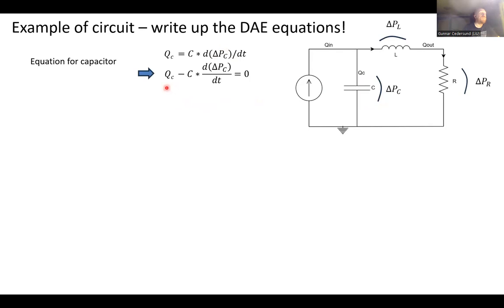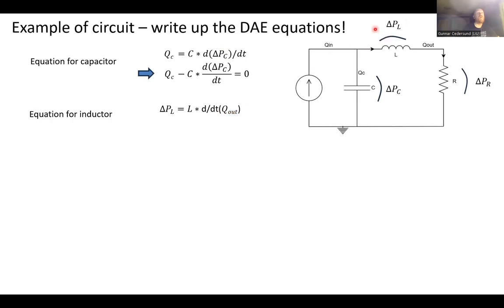And if you want to write it into the standard form of a DAE, then we write it so that we have some expression which is equal to 0. In the same way for the inductor, we just take the standard equation. So remember, the inductor is the one that's resistant to change in flow.